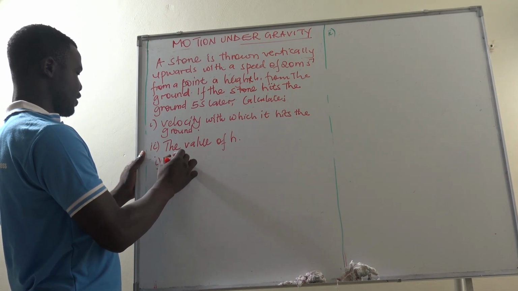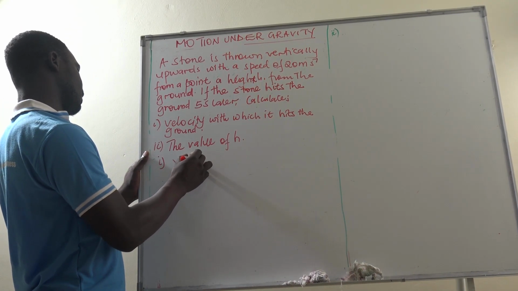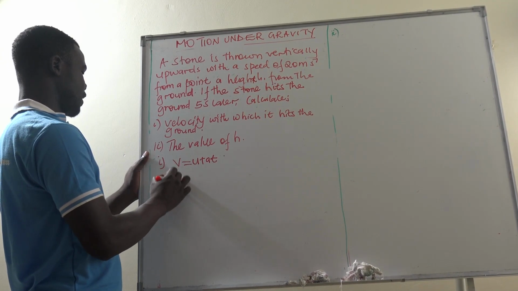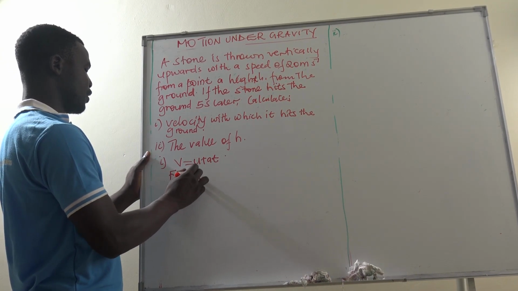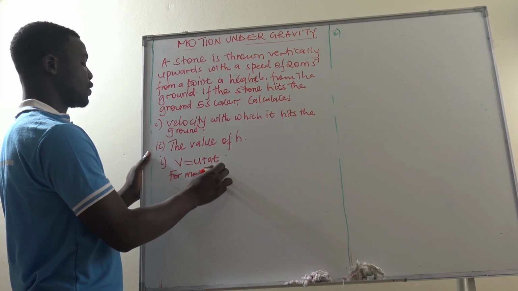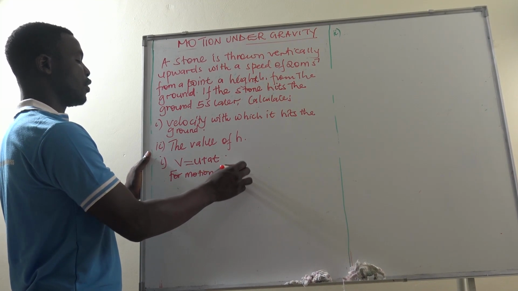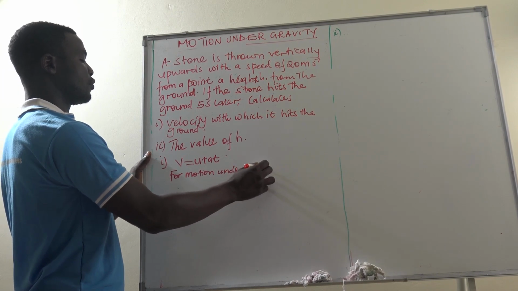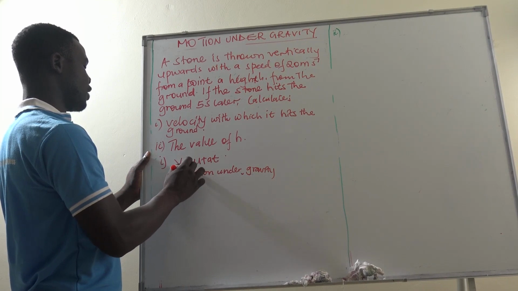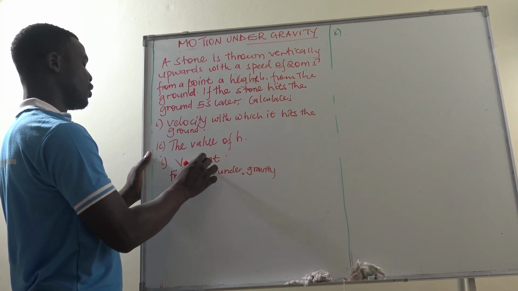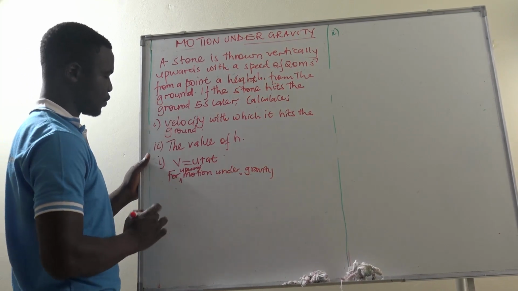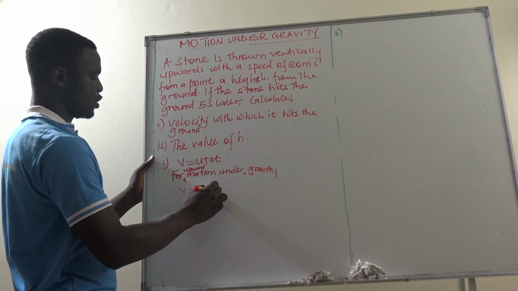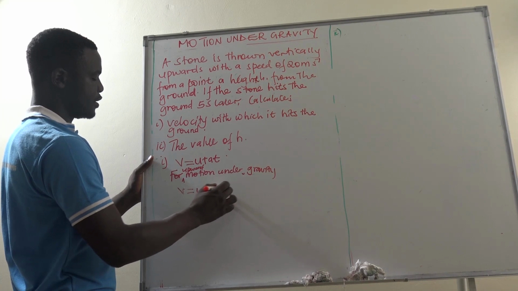We know that the easiest equation that calculates velocity is the first equation of motion. But we know for motion under gravity, we say for upward motion, since we are talking about the stone going upward, v is equal to u minus gt.